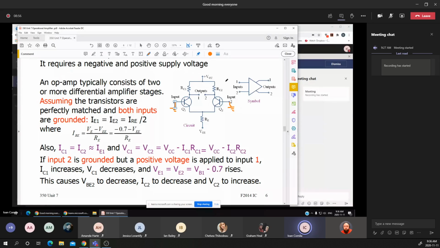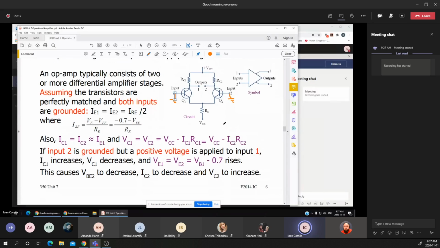To simplify this diagram, because I'll use it a bit later to explain the different operations of the differential amplifier, I'll label the two outputs of the differential stage as output 1 and output 2.